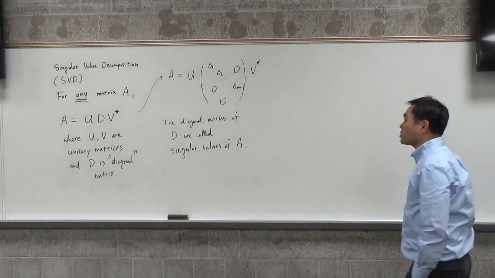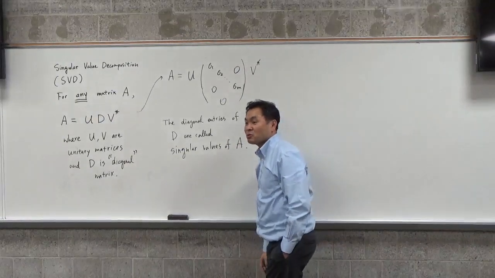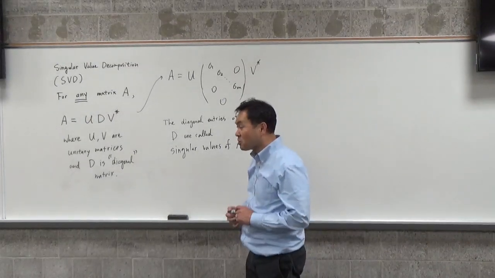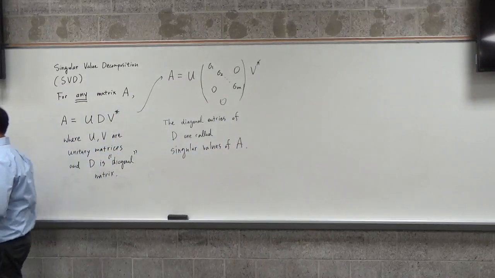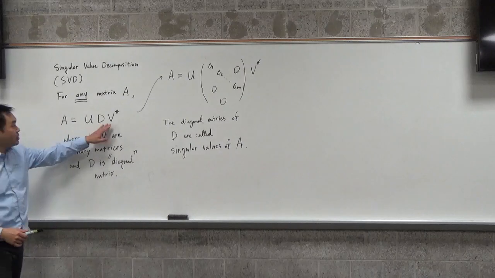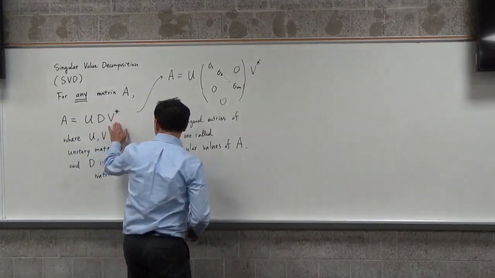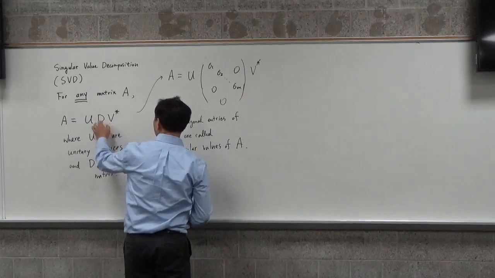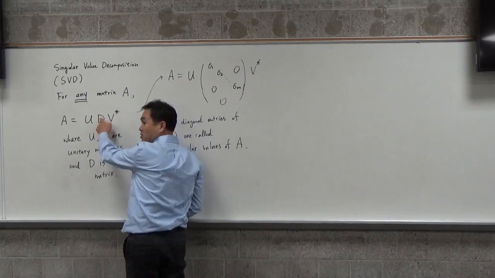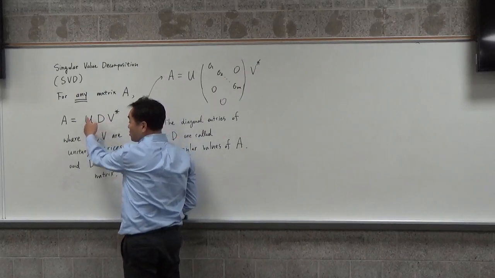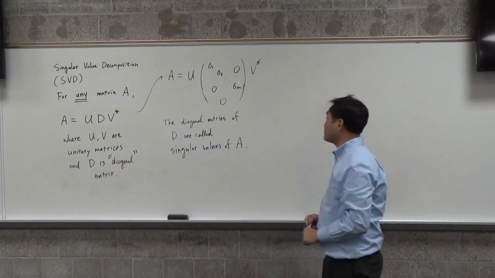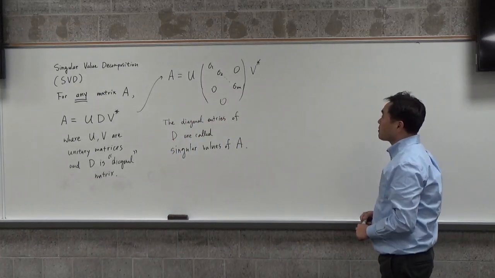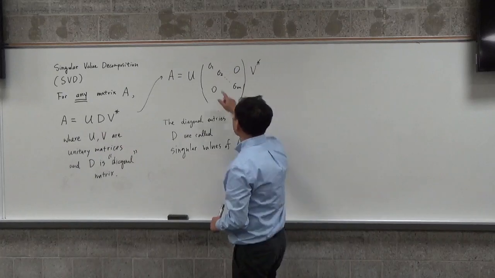And that's where the word singular comes from. So when we say singular value decomposition, you're decomposing a matrix so that it's some unitary transform, and then you have a diagonal transform and another unitary. And these are called singular values.